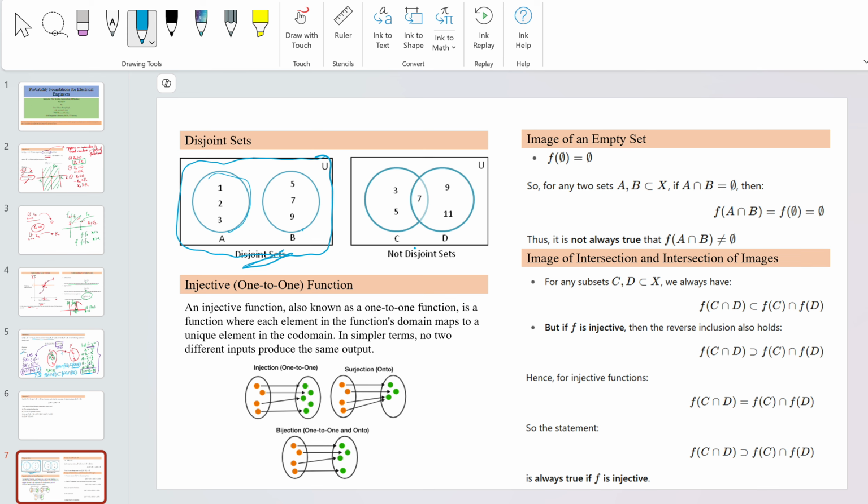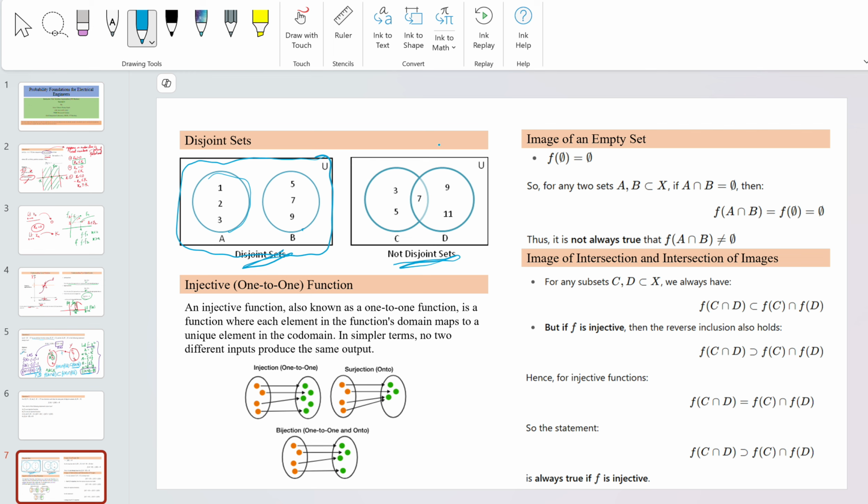If you see non-disjoint sets, there is a single element which is common. It can be more, but at least one element should be common between the two sets. That is called non-disjoint sets. So this is the concept of disjoint and non-disjoint sets basically.